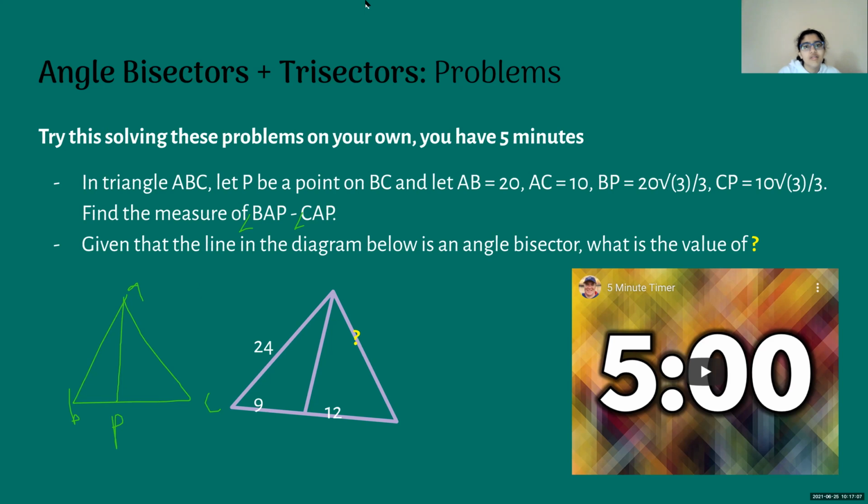So, are you still here? Okay, yeah, you are. So, what does the angle bisector theorem state? In triangle ABC, given that AP is an angle bisector, what would it state?